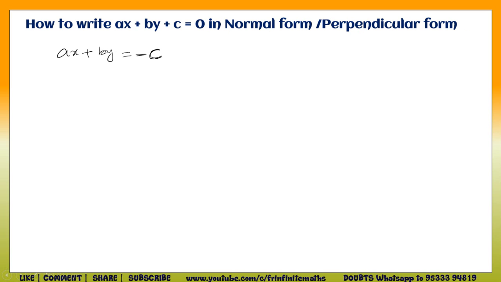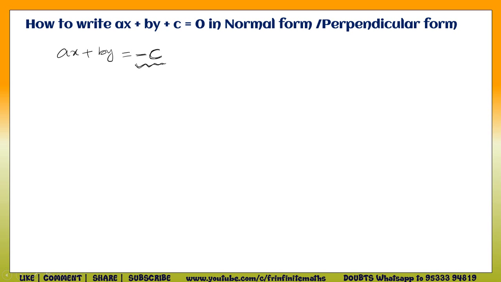Now here you need to see whether this minus c is positive or negative. If this right hand side is positive, then you can directly proceed. If ax plus by is equal to minus c, then this minus c can have two possibilities: it can be either positive or negative.